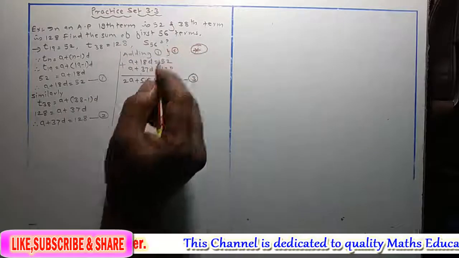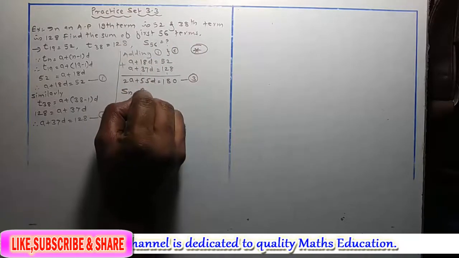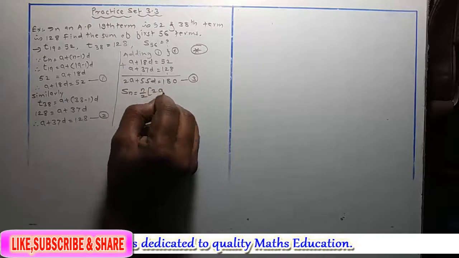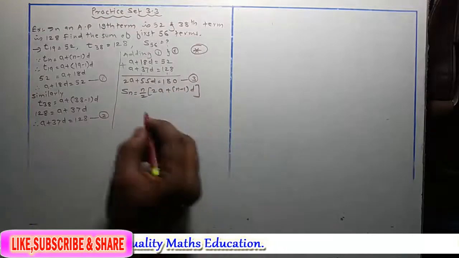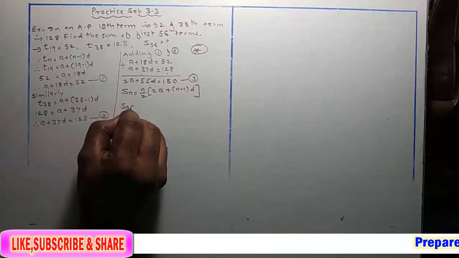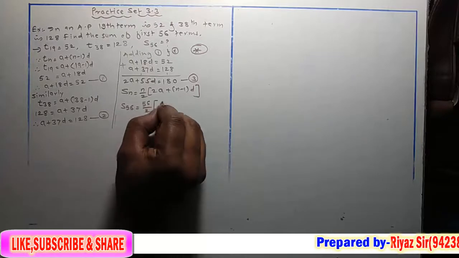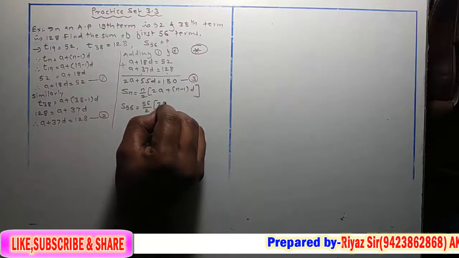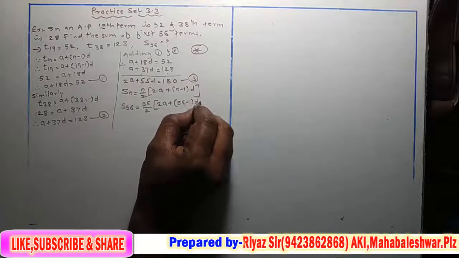Okay, now we have to find the sum of 56 terms. So we have the formula Sn is equal to n upon 2 bracket 2a plus n minus 1 into d. This is the formula. So S56 is equal to, just put n equal to 56. So you will get 56 upon 2 into bracket 2a plus, the value for n is 56, minus 1 into d.